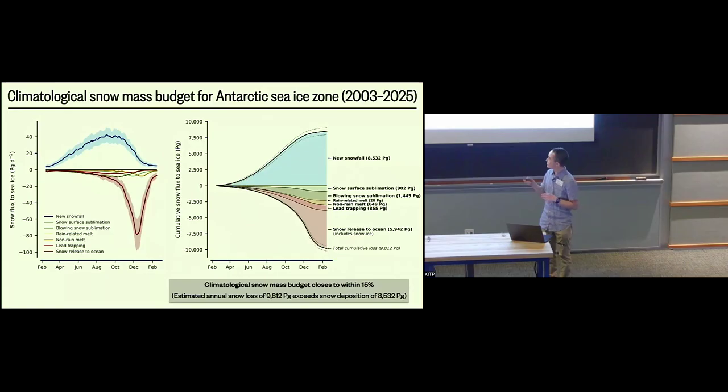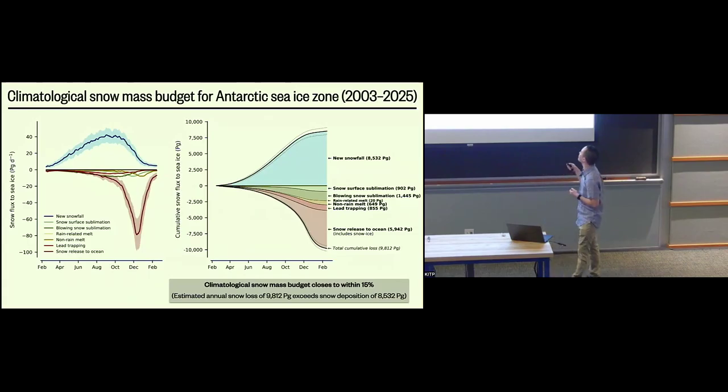And this shows how snowfall, despite being fairly continuous year-round, develops this pronounced seasonal cycle that's similar to sea ice extent, because the total mass flux mostly depends on how much catchment area there is to intercept the snow. Whereas snow released to the ocean occurs in this giant pulse that happens over about half of the year. So again, snow is basically acting as a filter, redistributing that snow flux in time and in space.